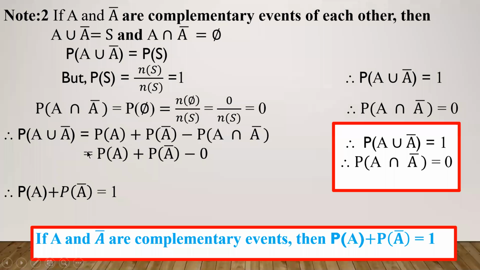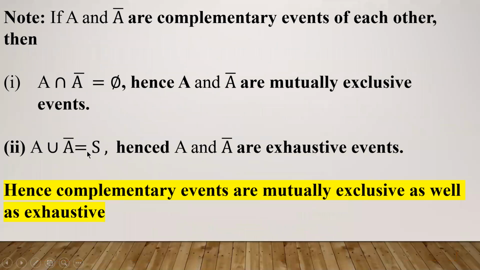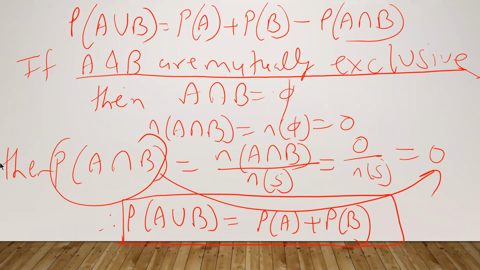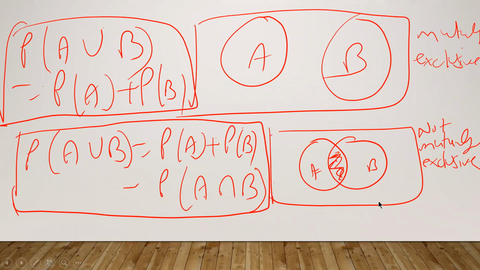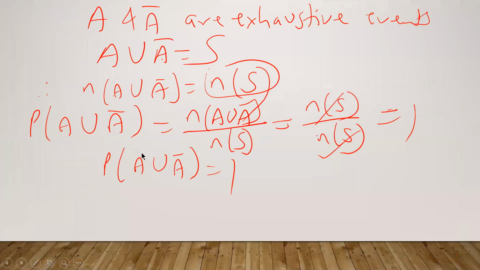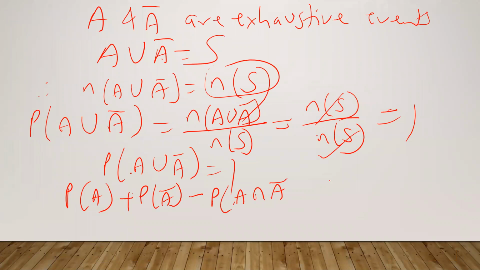And just now we have seen that the probability of A union A complement is 1. So the probability of A plus the probability of A complement minus the probability of A intersection A complement is equal to 1.